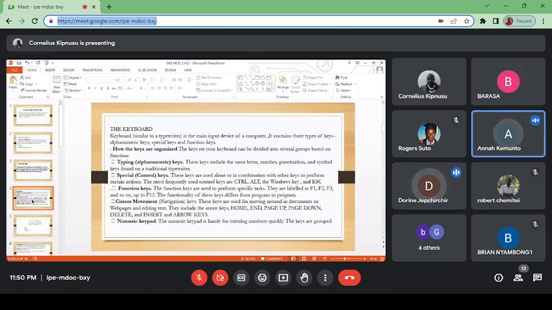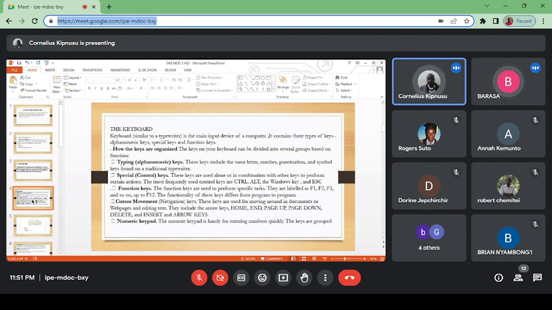They include Home, Page Up, Page Down, Delete, Insert, and arrow keys. Thank you, Anne. The cursor movement or navigation keys are mainly used for movement. They are used for moving around your document or back to the home window page.